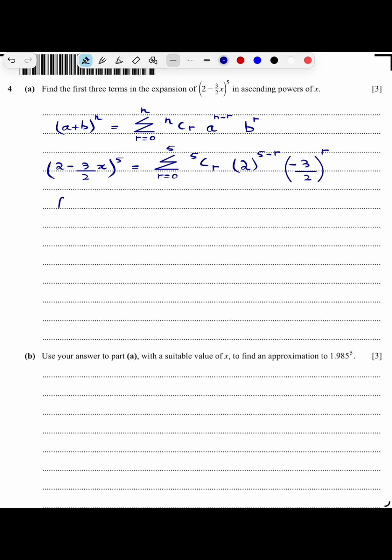Okay, so what's going to be the first term? So for the first term, we're going to see the coefficient at r equals 0. Okay, so that's going to be 5C0, 2 power 5 and minus 3 over 2x.